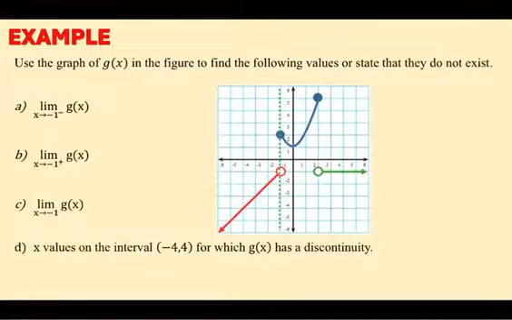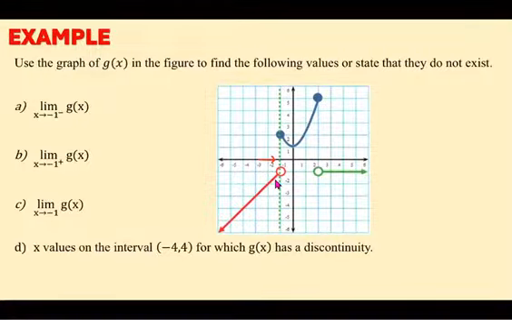Now the question is, in the first one, limit as x approaches -1 from the left. When we go closer and closer to -1 from the left, the way I've shown here with the arrow, you can see that the graph is here.